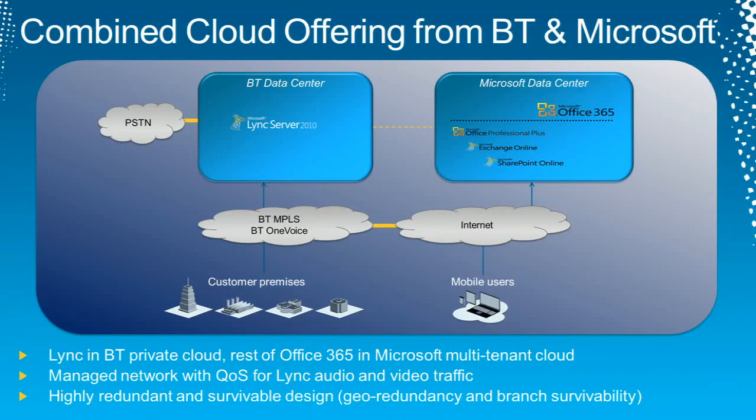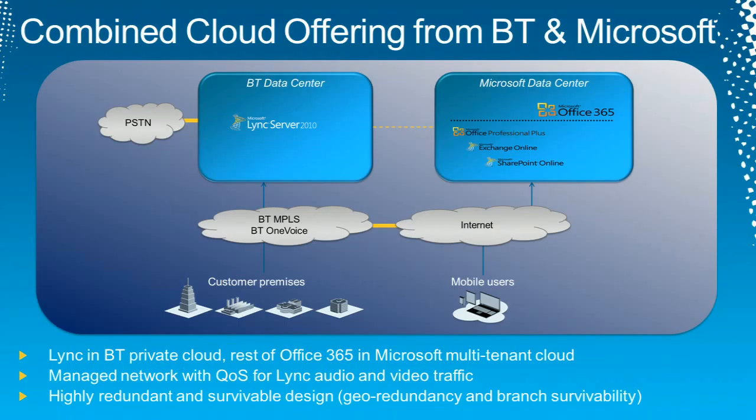And from a price point perspective, this was an RFP, so of course, these prices are estimates. But we were talking about something along the lines of $60 per user per month, including everything, not including call centers, but including the full Lync Server and the full Office 365, including the Office client suite.